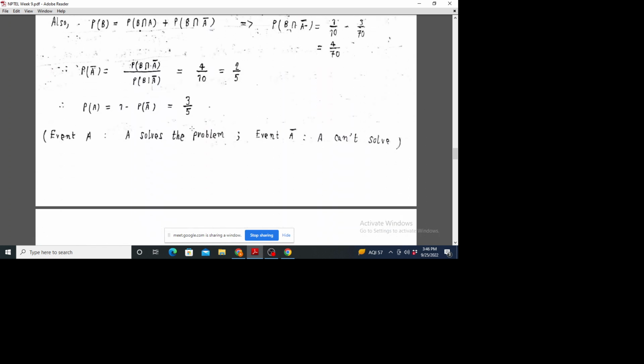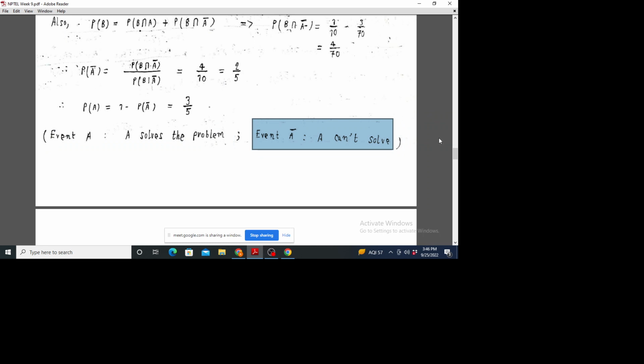Now let us first define the events. Let us first define the event that A solves the problem. Event A bar is that A cannot solve the problem.